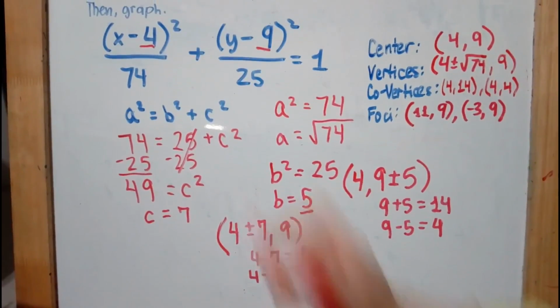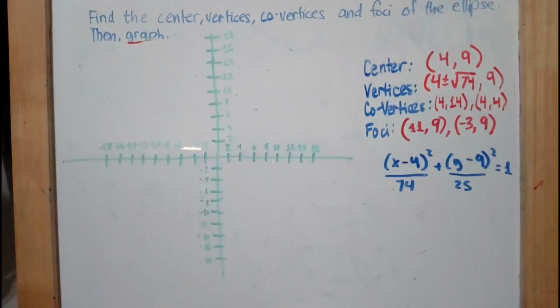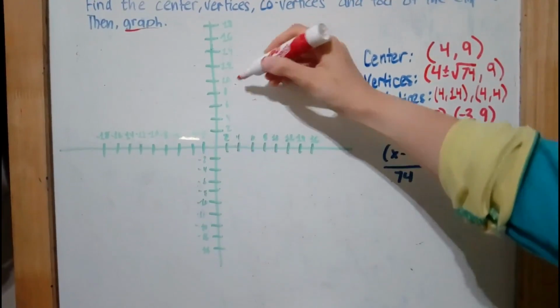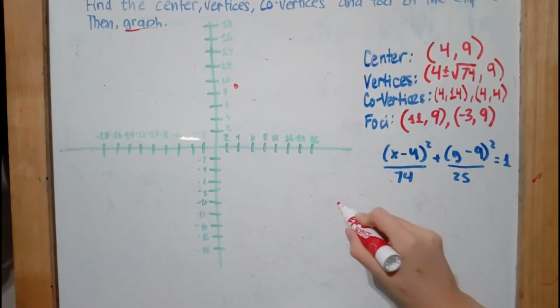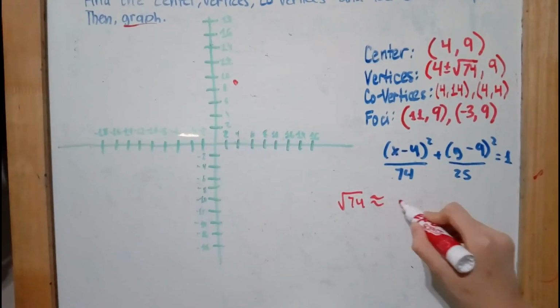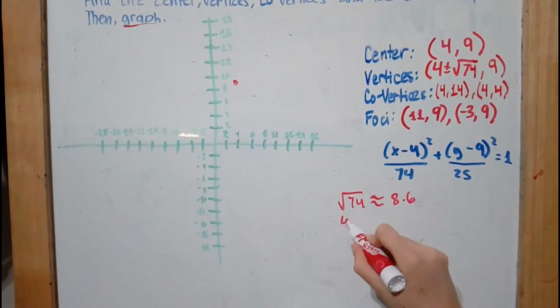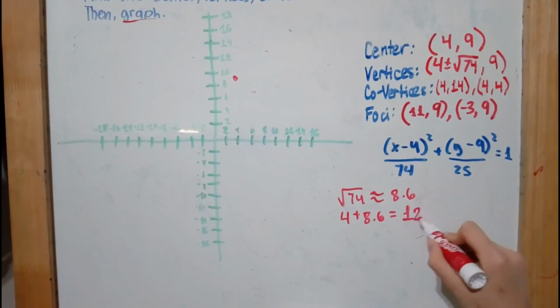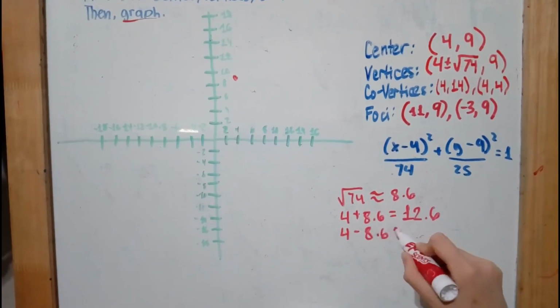Then we have to graph. Now we can graph it with the key points that we just found, and the center will be the first thing I graph at 4, 9.